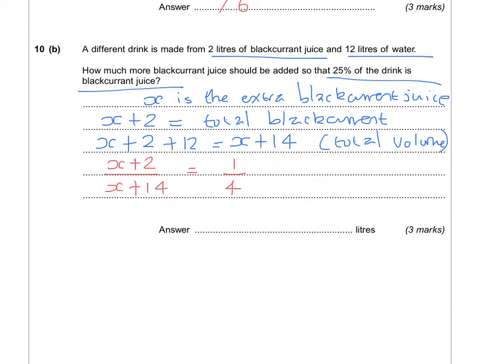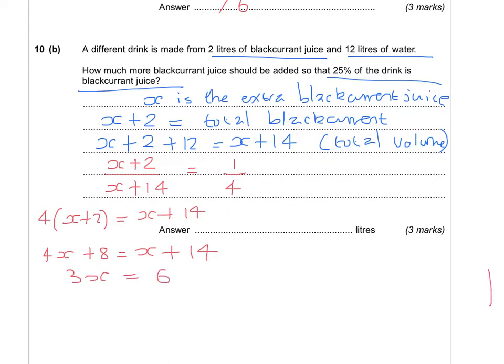So if we simplify this equation, we get 4 lots of x plus 2 equals x plus 14. This gives us 4x plus 8 equals x plus 14. 3x is equal to 6. x is equal to 2 litres. So we need to add in 2 additional litres of blackcurrant.